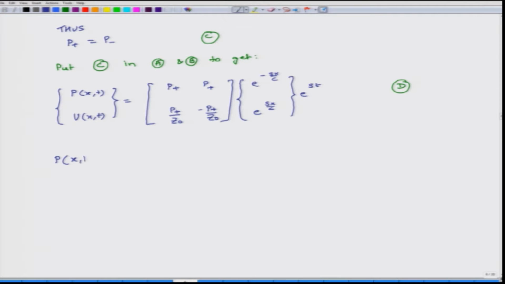So, from here we get p of x and t equals p plus e to the power of minus S x over C plus e to the power of S x over C, times e to the power of S t, and u of x and t, which is complex velocity, is equal to p plus e to the power of minus S x over C minus e to the power of S x over C, times e to the power of S t, and here we have a Z naught in the denominator.